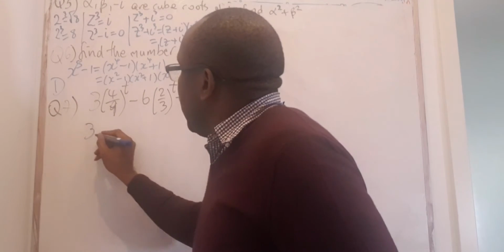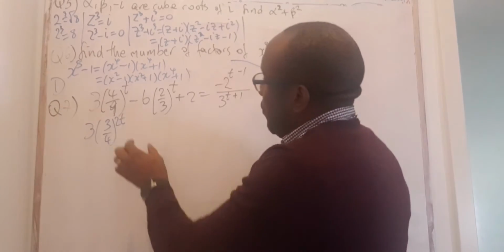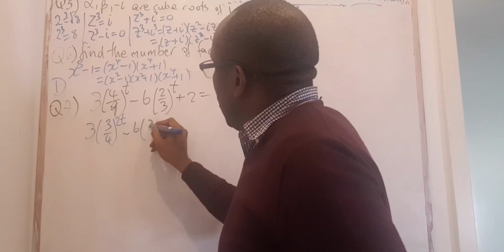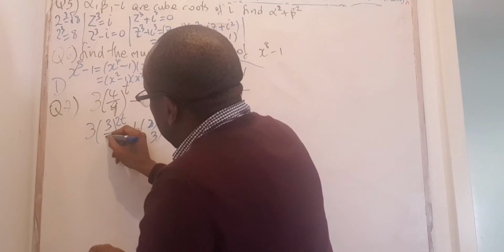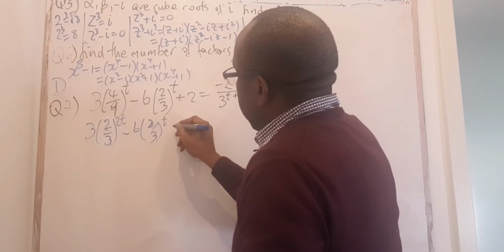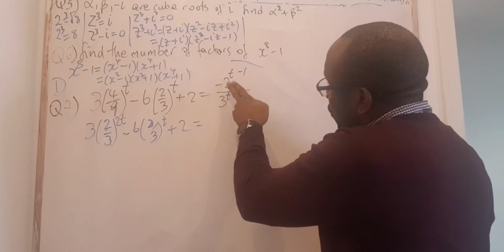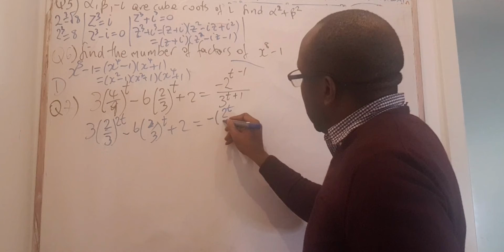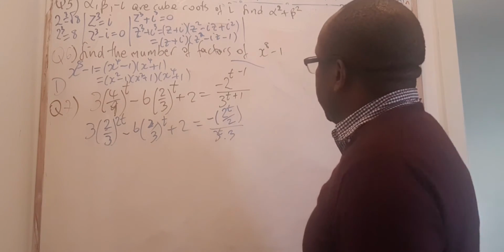So I can write this as 3 times 2 on 3 to the power 2t, because it's squared, the square multiplies the power, minus 6 times 2 on 3 to the power t plus 2 is equal to, I can also play with this one here. The power is only on the 2, not on the minus.